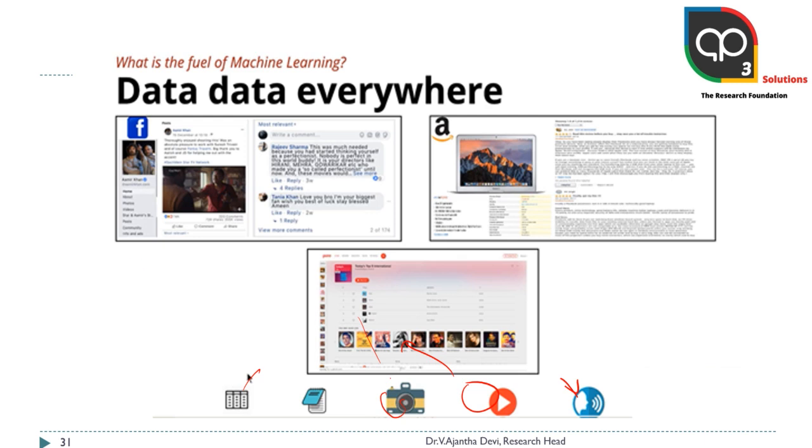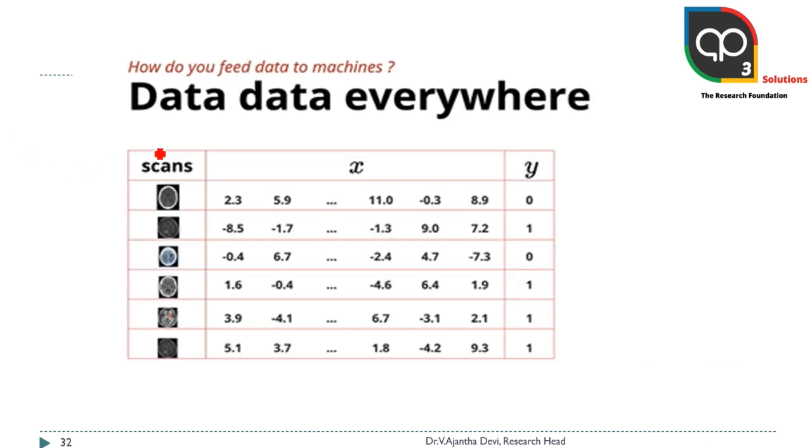And of course, dear friends, machine learning needs a specific type of data. So let's look at what data you want, and let's look at one such application. The application here is a medical image.